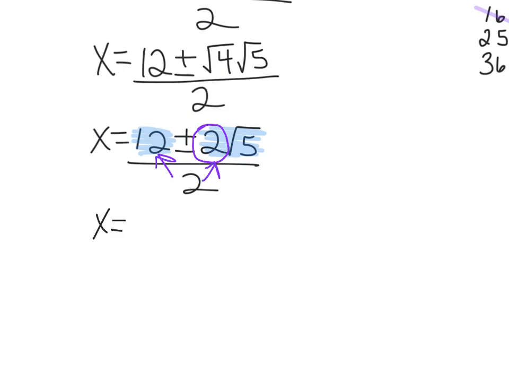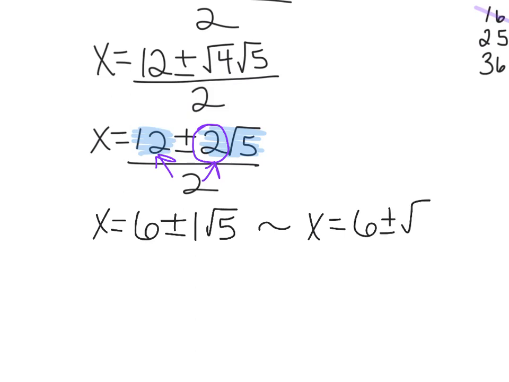So I get 6 plus or minus 1 radical 5. Now it's up to you. You can get rid of that 1 in front because it's 1 times the square root of 5, which is just the square root of 5. Either one of these is acceptable.